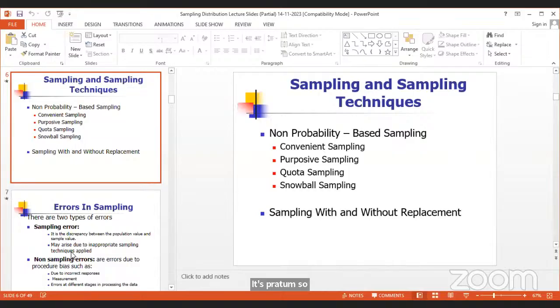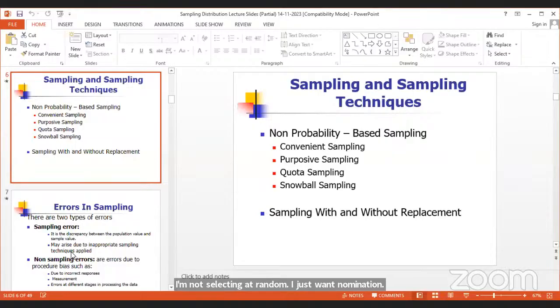Under quota sampling, you are selecting to ensure that the major groups in the population are represented. You give everybody a quota. I have 5 groups here, so everybody give me one candidate so that we have 5 to represent us. I want to ensure that all the groups are represented, but I'm not applying any chance mechanism. I'm not selecting at random.